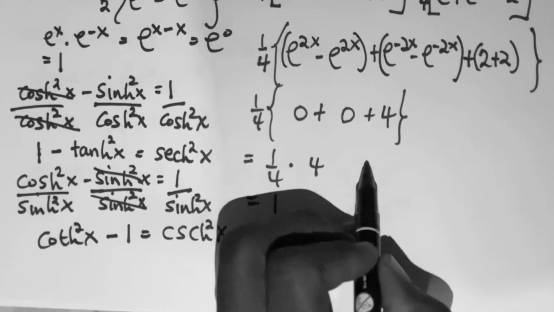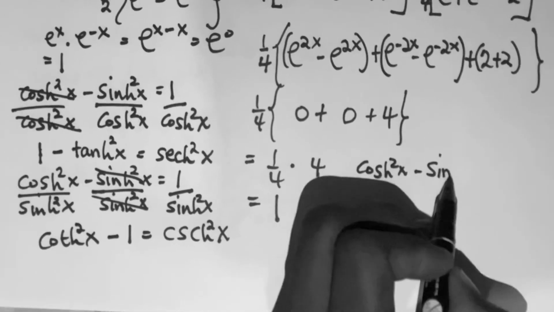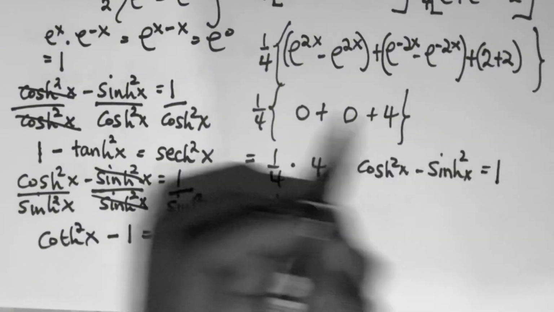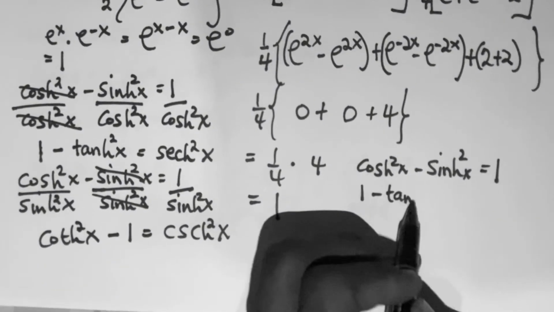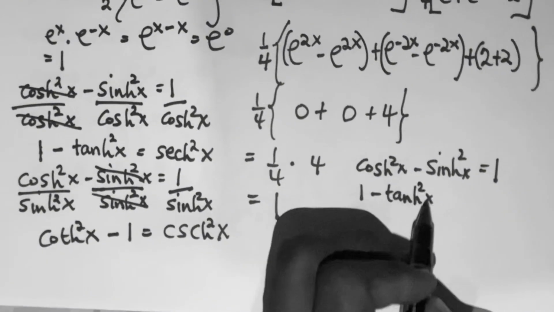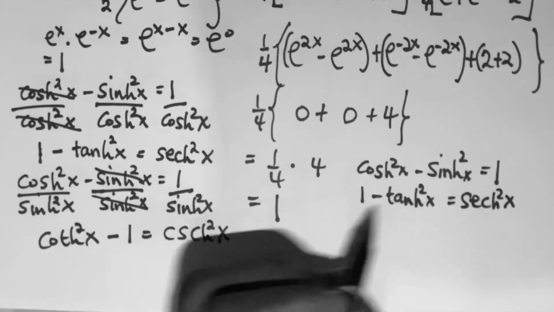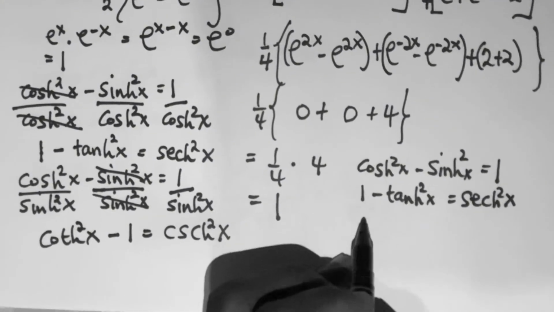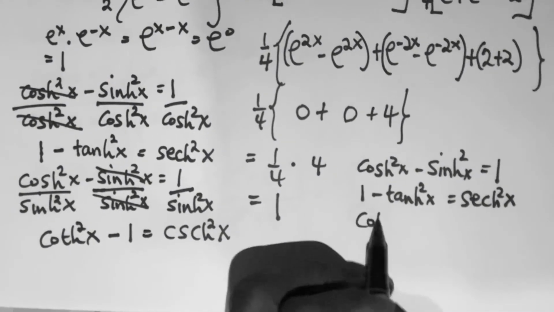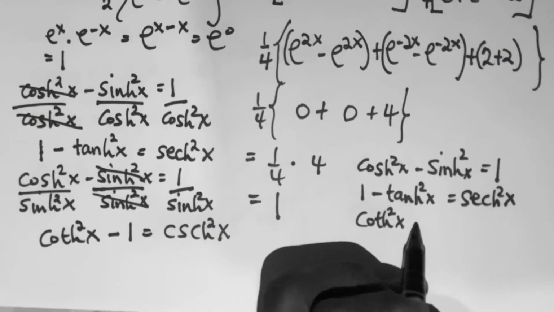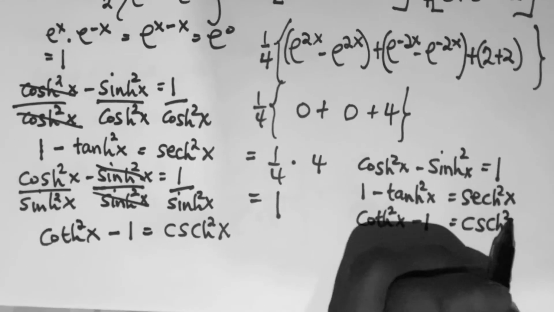The first one being cosh squared x minus sinh squared x equals 1, and the second one being 1 minus hyperbolic tan squared x is equal to the hyperbolic sec squared x, and then the last one is the hyperbolic cot squared x minus 1 equals the hyperbolic cosec squared x.